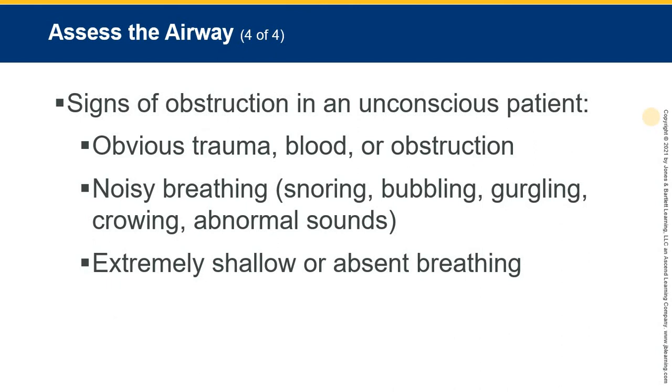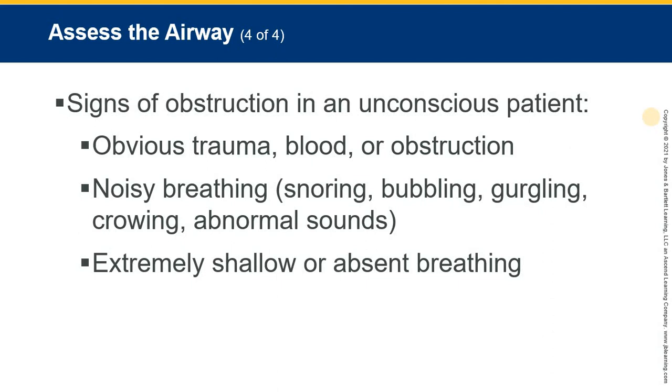So, like I said, signs of obstruction are going to be things like blood in the airway, vomit, obvious trauma, that sort of stuff. You also need to listen for noisy breathing, which is generally upper airway sounds, so places above the larynx. Things like snoring respirations. You're going to see this a lot in your career for patients that have low blood sugars. They're going to be snoring a lot of times.